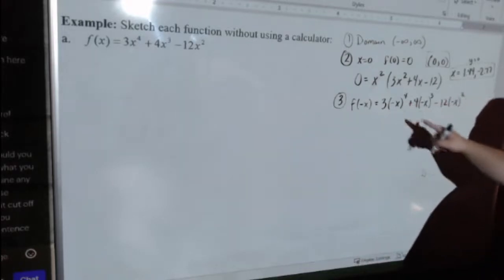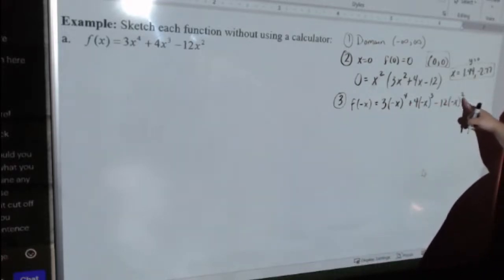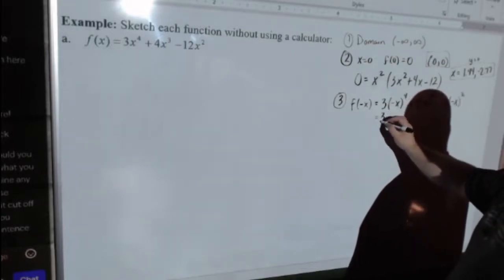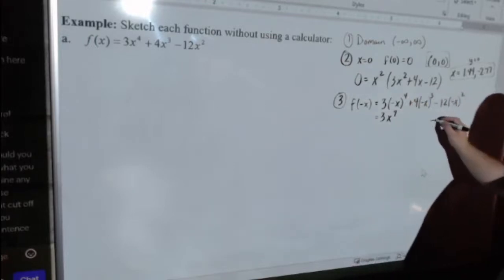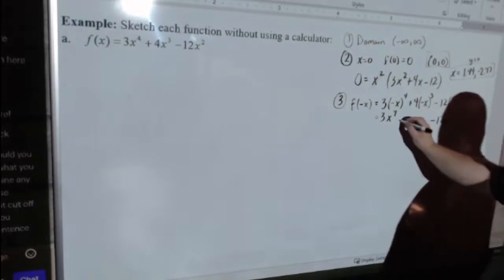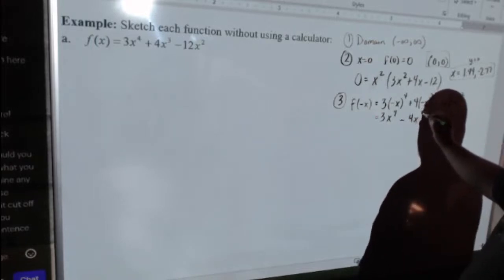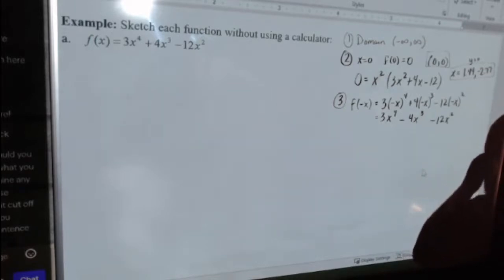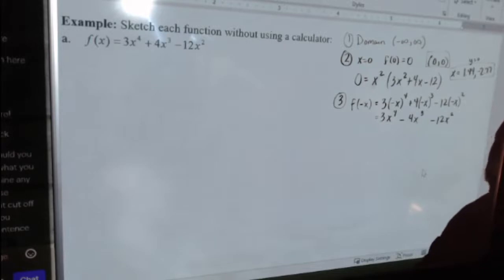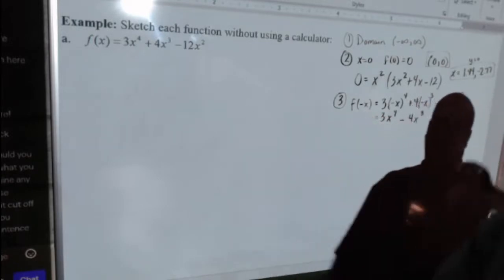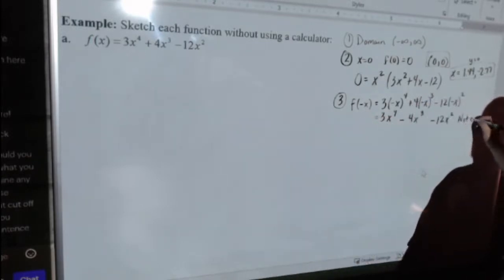Well, any of the ones that are to an even power are going to become positive, and the one that's to the odd power stays negative. So it does not appear that this thing is even, because this does not equal the original. So not even.